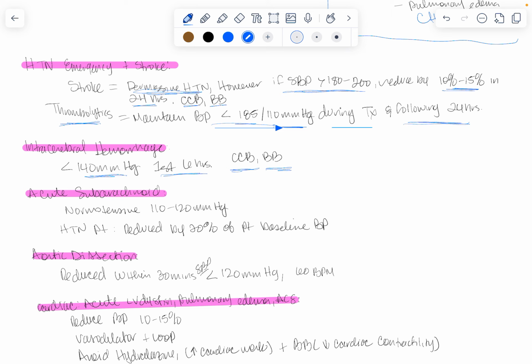If someone has a normal blood pressure baseline, 110 to 120, you want to just keep it to that. However, if you have a patient with a history of hypertension who comes in with acute subarachnoid hemorrhage, you do want to reduce the blood pressure by 20% of the patient's baseline. So whatever their baseline is, reduce it by 20%. Okay?